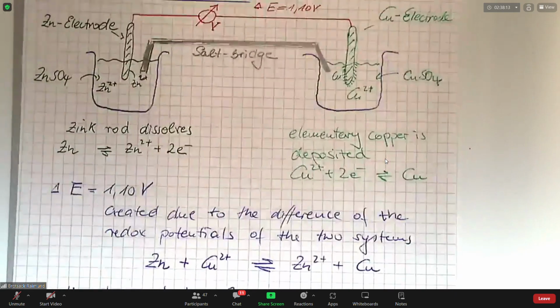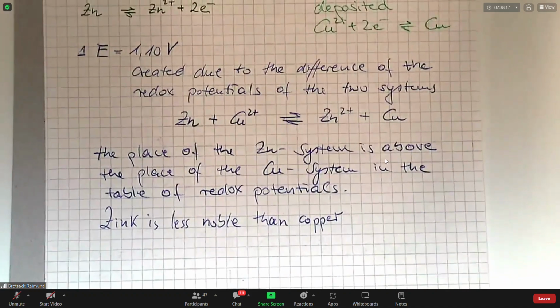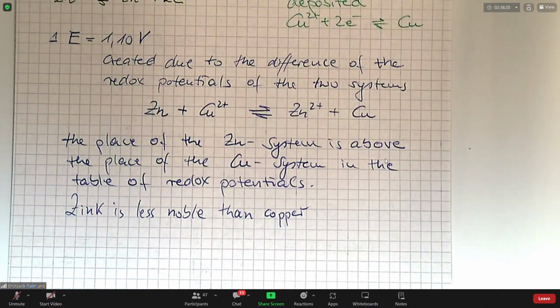Let's draw the electrochemical series, and then we can see.